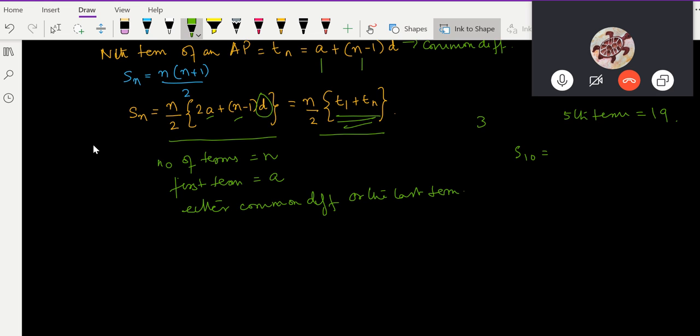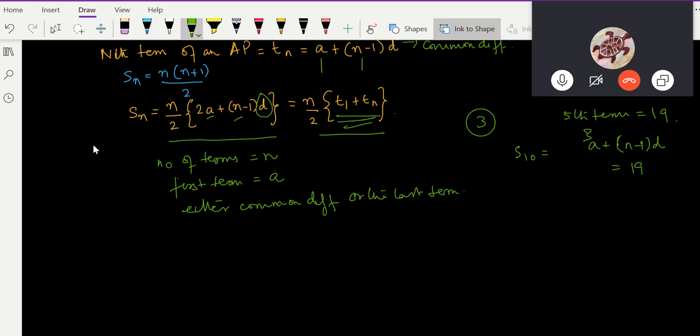So one classical way is, you know the fifth term, 19. You know the first term. So you can put that formula, a plus n minus 1 into d is equal to 19, where a is 3, you don't know n and d, right?